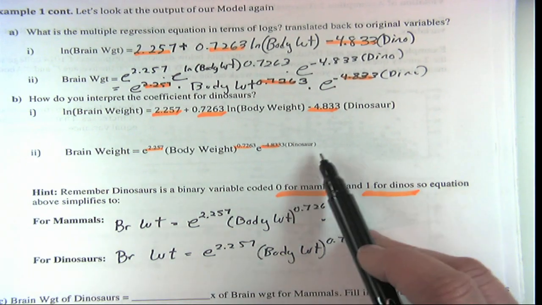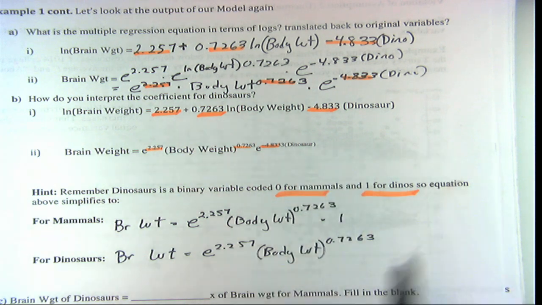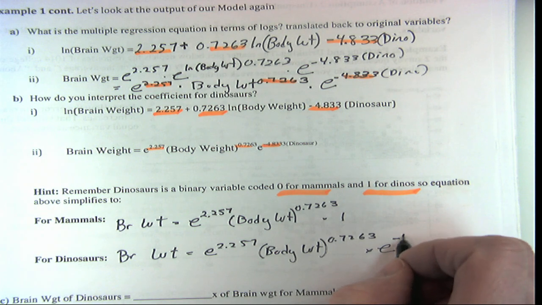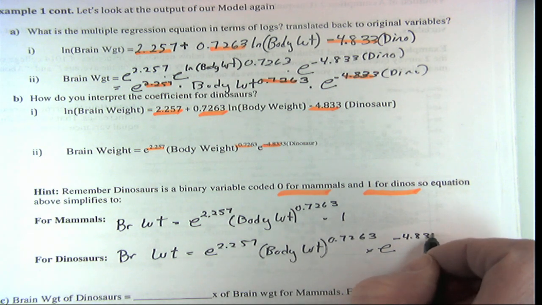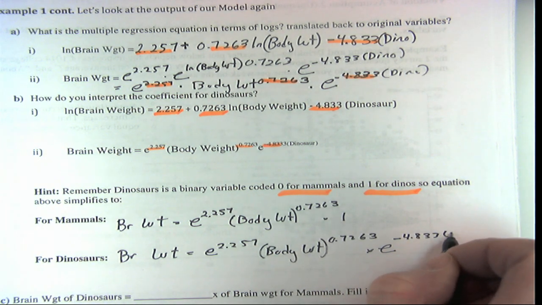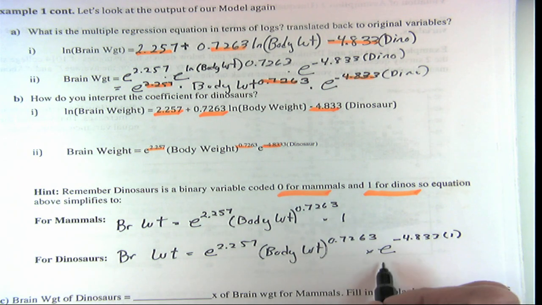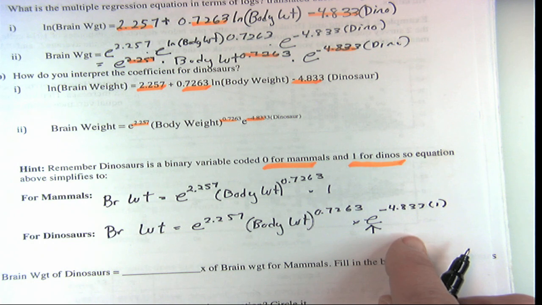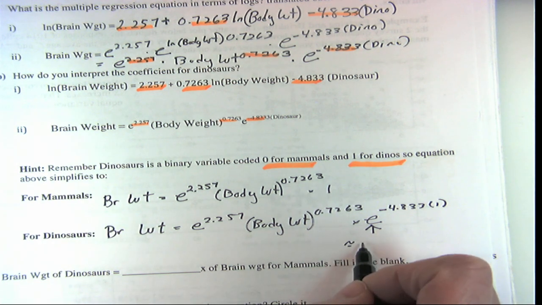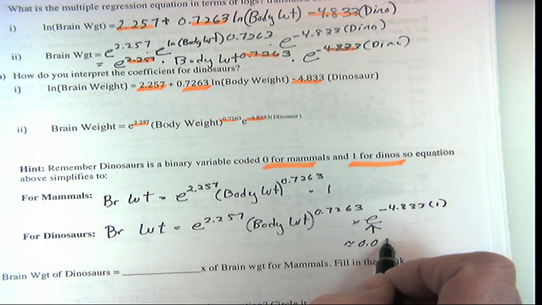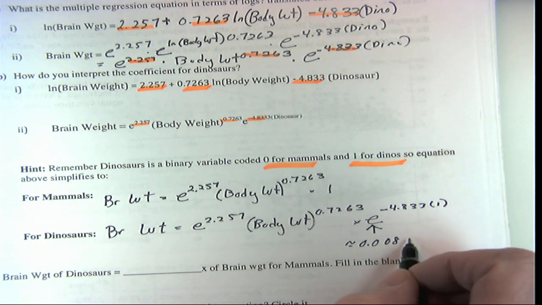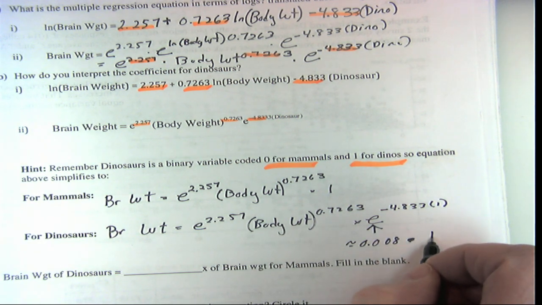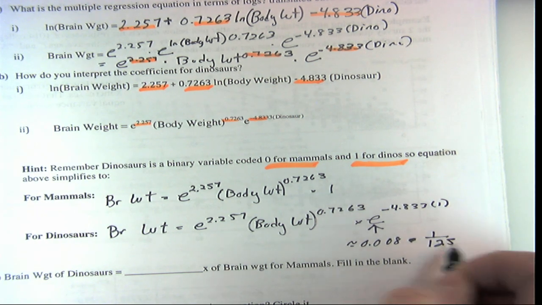But now when it's a dinosaur, that's 1. So we have this factor of e to the minus 4.833 instead of times 0, which we have times 1. And so that is approximately equal to 0.008, and it's approximately equal to 1 over 125.